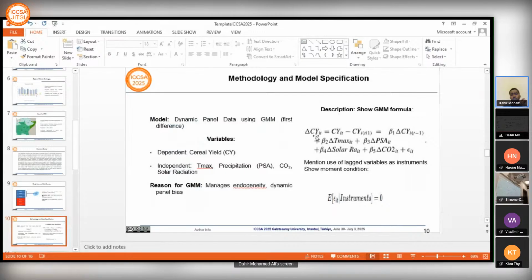We use dynamic modeling by using generalized method of moments by making first differencing, and our dependent variable was cereal yield, while independent variables were maximum temperature, precipitation or rainfall, carbon dioxide, and solar radiation.